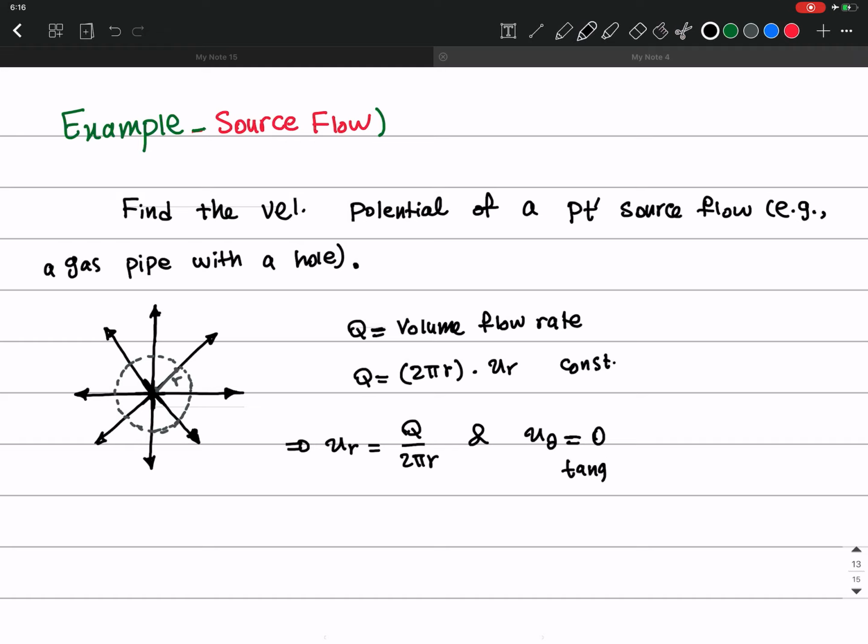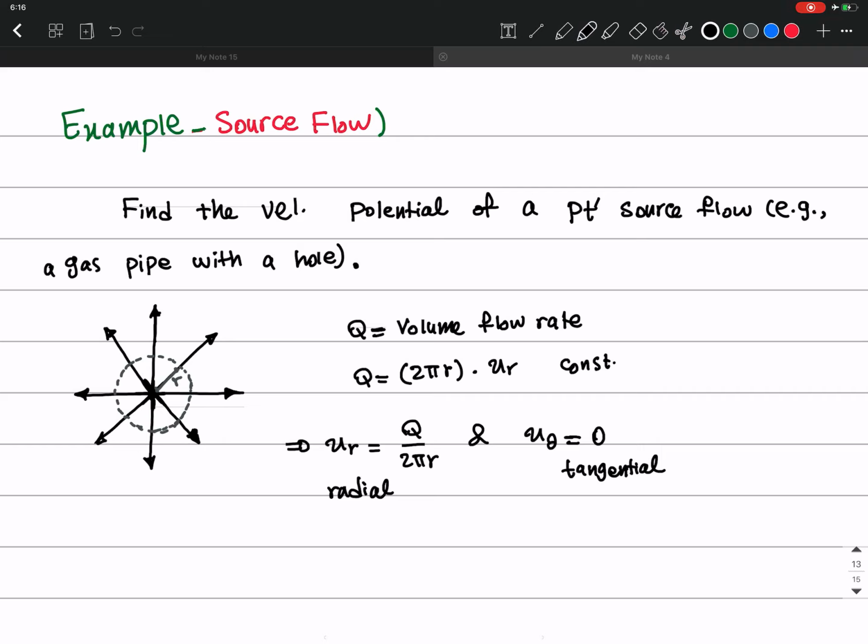That means there is no velocity in this direction. The tangential velocity is 0, and the radial velocity is this. So this is a source flow.